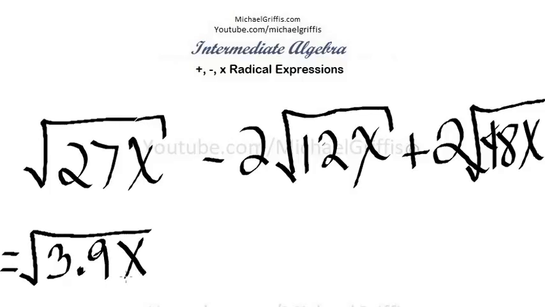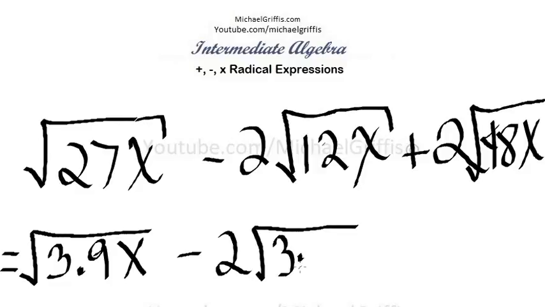And we know if we took the square root of 9, we get 3. All right, and that's about as far down as we can break that. Okay, let's take a look at the next one. This 12 can be broken up into 3 times 4x.